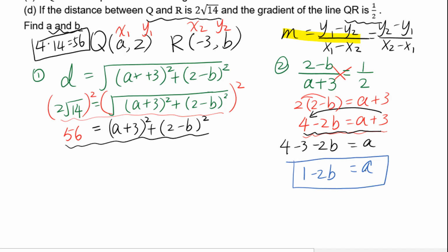We will plug a equals 1 minus 2b into this equation. You will get 56 equals (1 minus 2b plus 3) squared plus (2 minus b) squared.